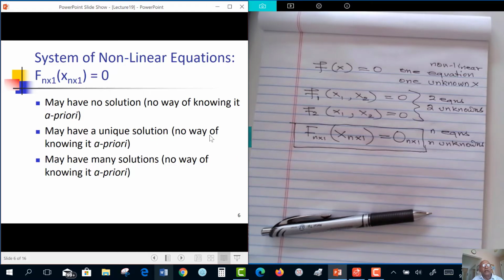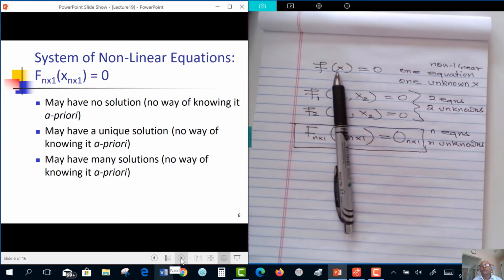Again, without examining, we do not know beforehand. It may have many solutions. Again, we have no way of knowing beforehand. So we have to examine it. Just like when we had one equation, one unknown, we graphed it to figure out where the curve crossed the x-axis.